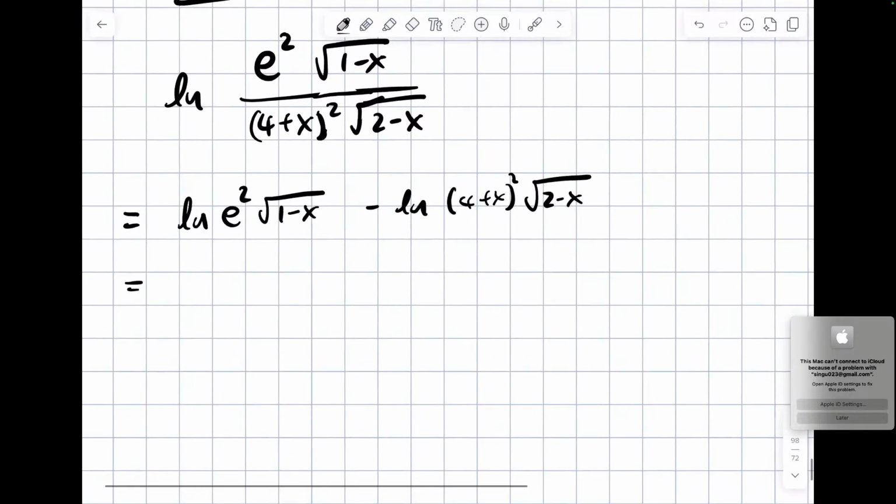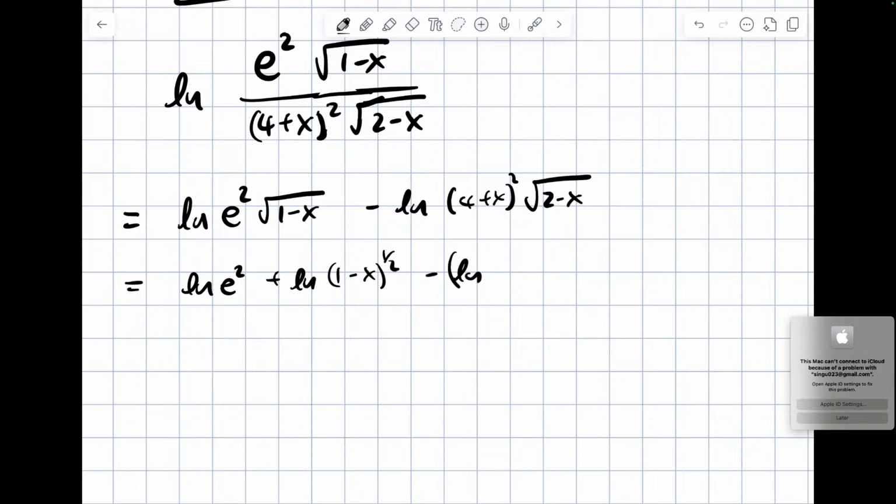But in here, I will have ln of e squared plus ln of 1 minus x to the 1/2 power. Is that okay? Minus ln, I'm going to put a parenthesis here. It's a 4 plus x squared plus ln of 2 minus x to the 1/2 power.